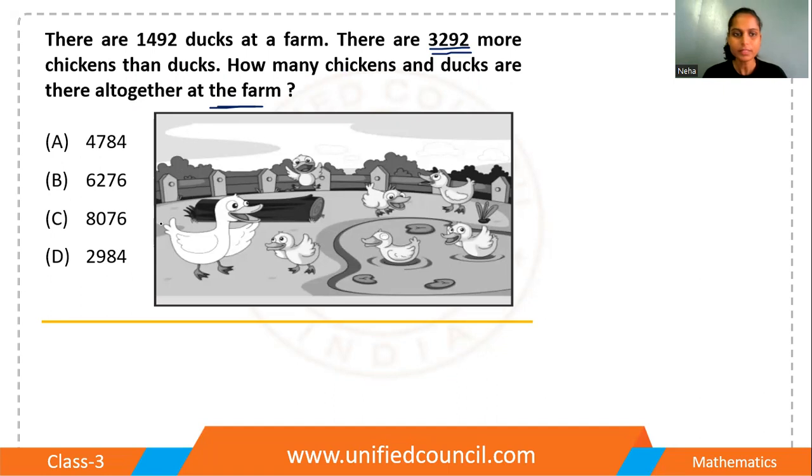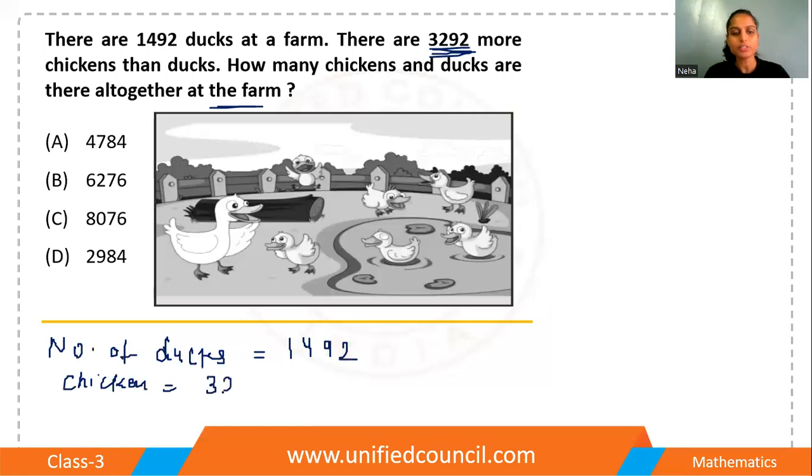Okay. So first of all, as we can see that number of ducks is equal to 1,492. Right? And there are 3,292 more chickens than ducks. Right? So how many chickens are there? 3,292 more than 1,492.